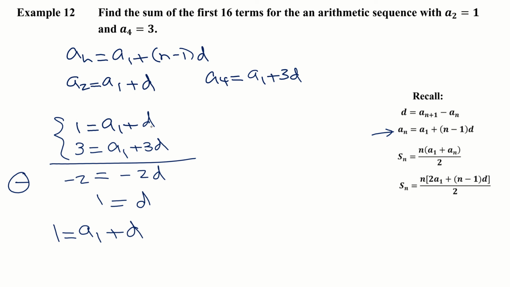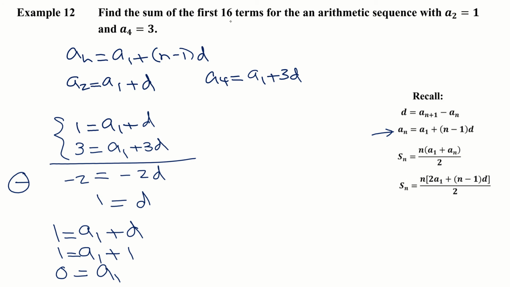So 1 equals a1 plus 1. So that means a1 is equal to 0, 1 minus 1, right? So we have the first term now. We have the common difference, d, and we know what term we want, right? We want to add the first 16 terms.